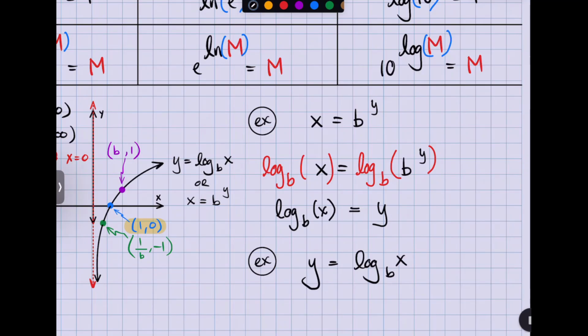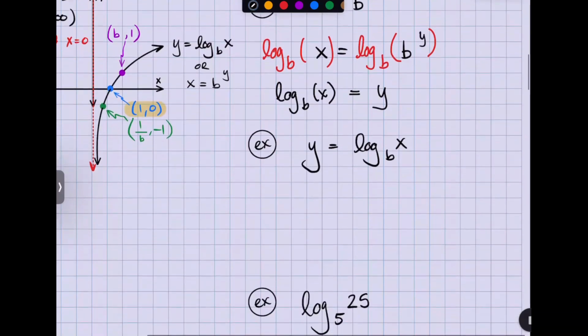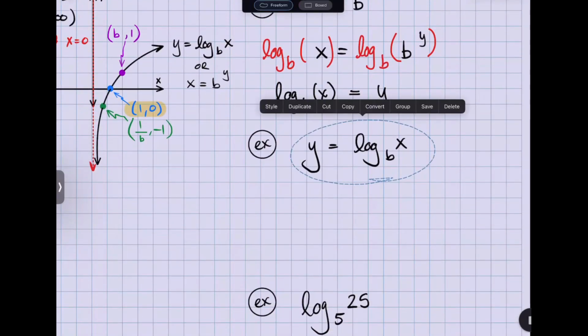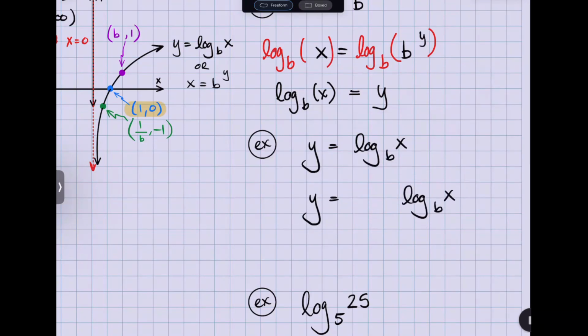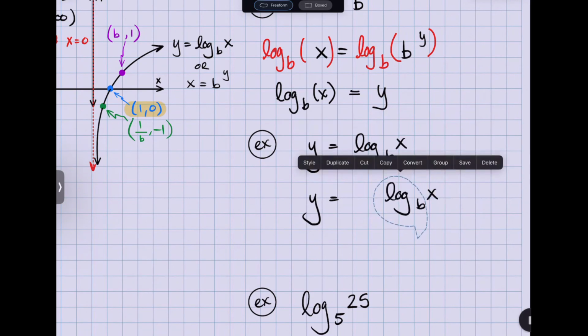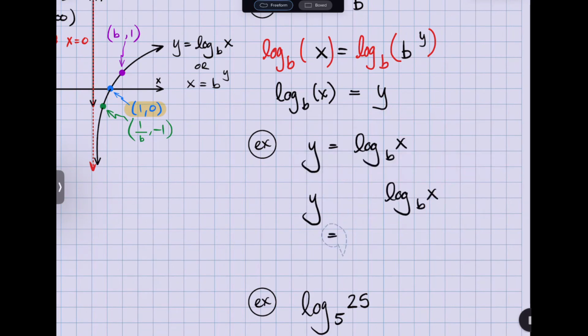And if I wanted to go back the other direction, because I see on this side that I have a log base b, the opposite operation of that is using a base, raising it to that power.